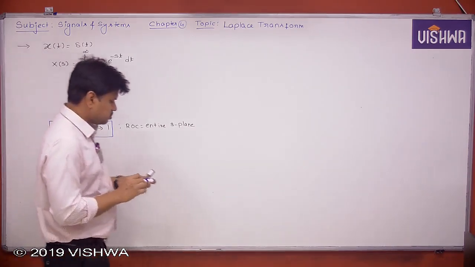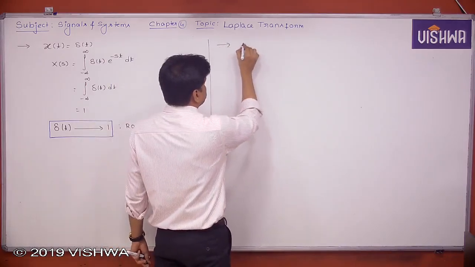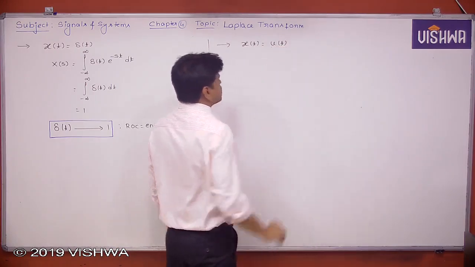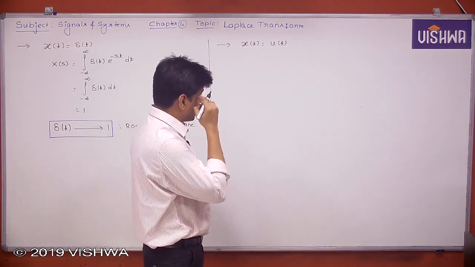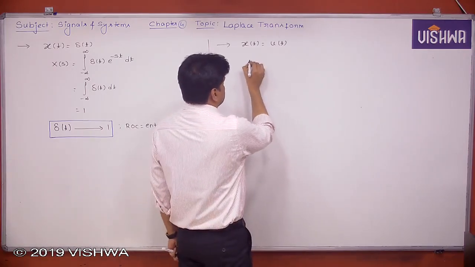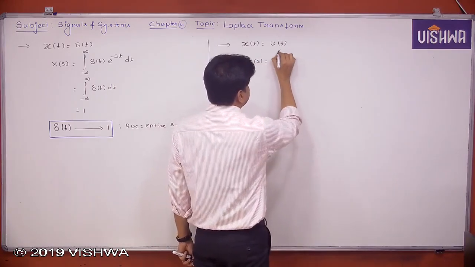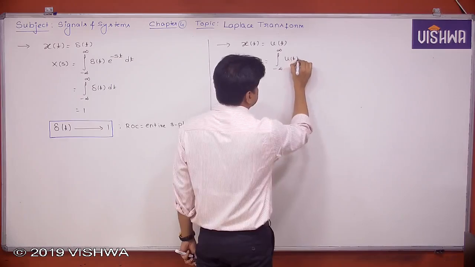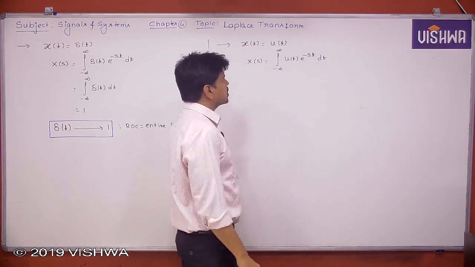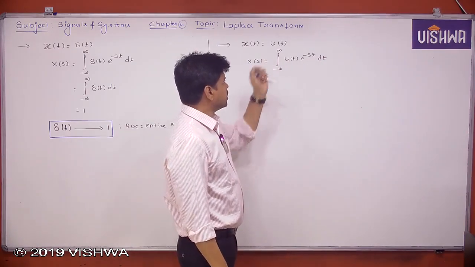Next, U of t. X of t is equal to U of t. For this signal, I have to calculate the Laplace transform and ROC. So you tell me. X of s is equal to the integral from minus infinity to infinity of U of t e power minus st dt. To remove this U of t, I have to change the integral limits from 0 to infinity.